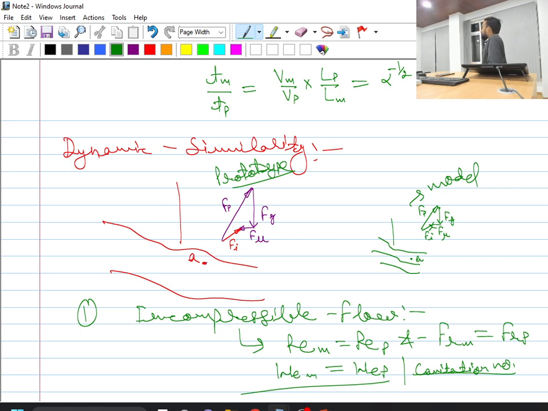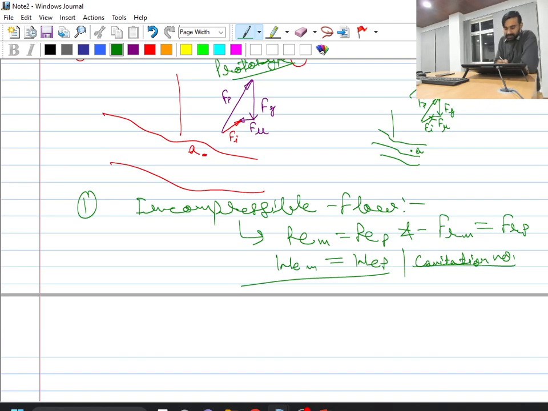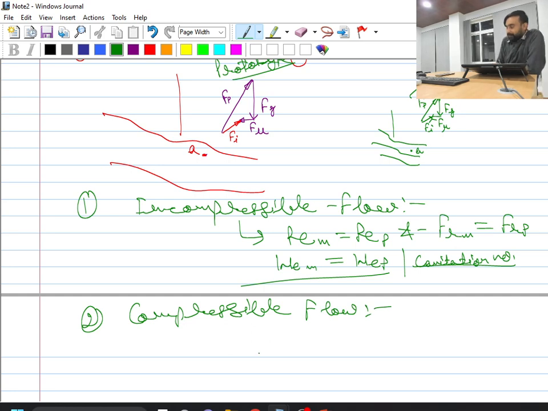So the basic idea is that we should first identify the important dimensionless parameters for our flow problem, and we have to make these parameters equal; only then will dynamic similarity be satisfied. Fine. Now if you have compressible flow, then of course we have to satisfy the Reynolds number, but along with it, what other parameters?